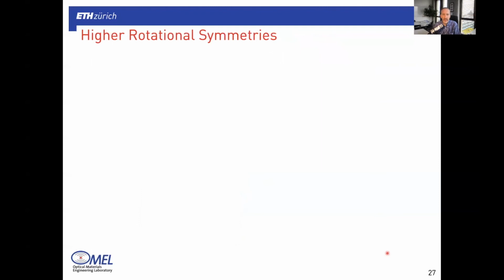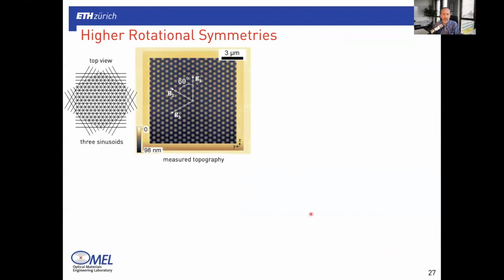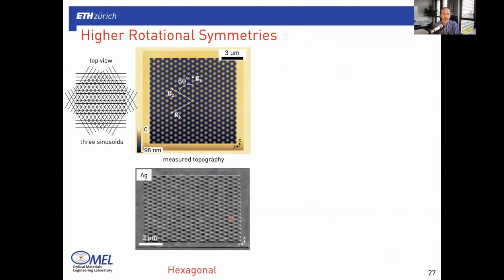Now you can really start to play and make higher rotational symmetries. So taking 3 sinusoids here, looking down from the top, here's such a pattern. So they're rotated by 60 degrees each. This is the pattern experimentally put into the polymer. Here it is replicated in silver. So this is a hexagonal pattern.